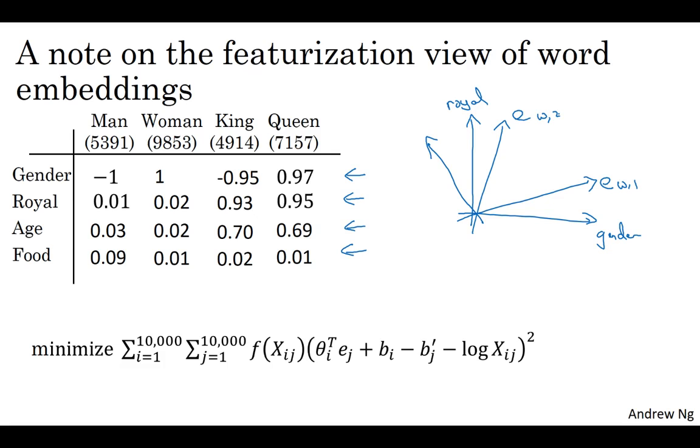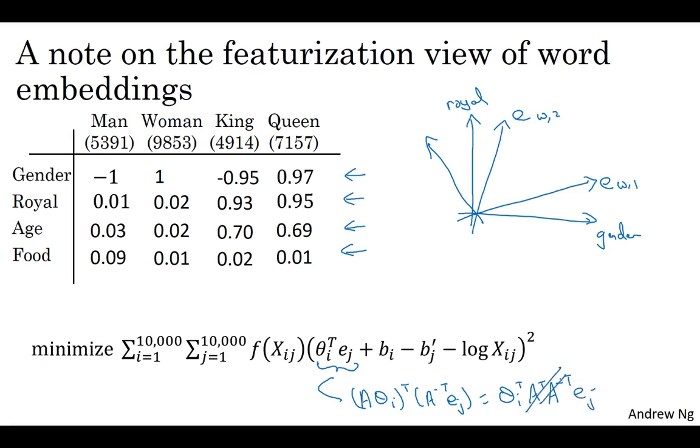And one way to see this, if you have a sophisticated understanding of linear algebra, is that if there was some invertible matrix A, then this could just as easily be replaced with (A times theta_i) transpose times (A inverse transpose e_j). Because if we expand this out, this is equal to theta_i transpose A transpose A inverse transpose times e_j.